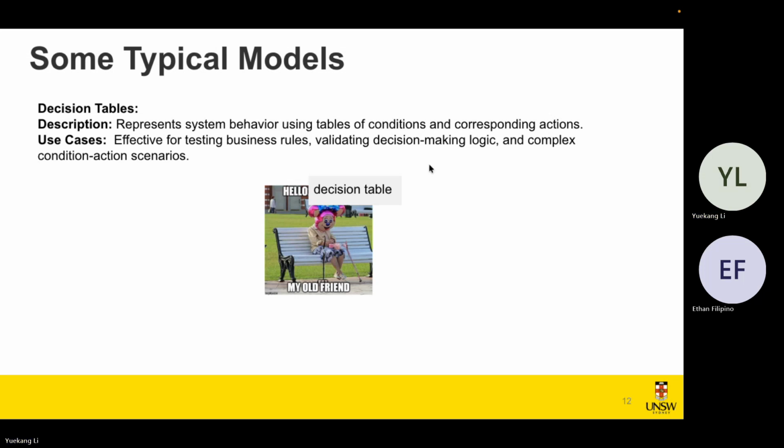So we know that decision table is one of the most detailed approaches for capturing the system's business logic, right? Compared to boundary value testing and equivalence class testing, decision table is more fine-grained.